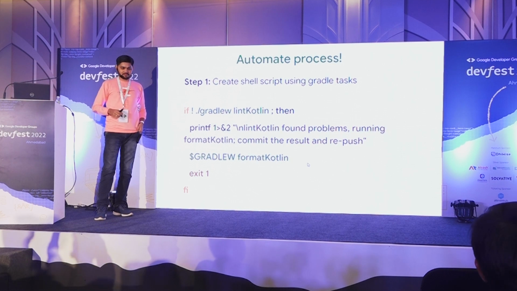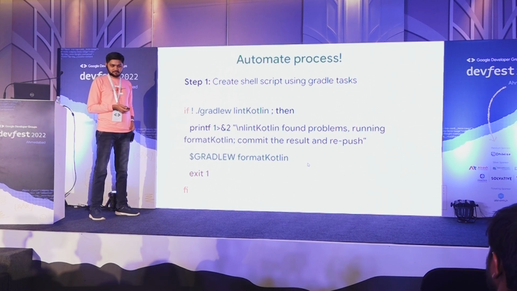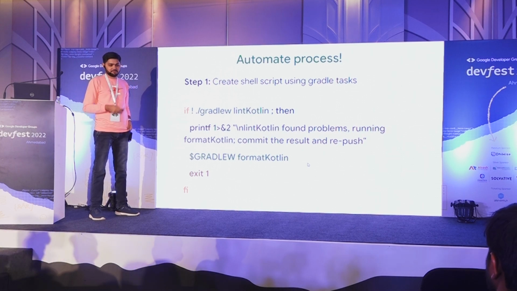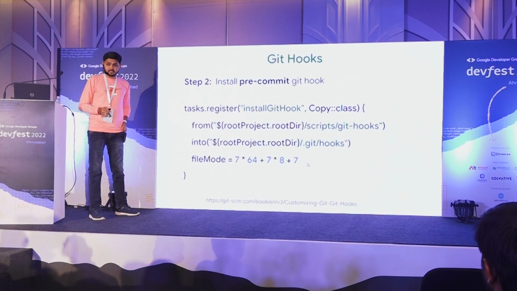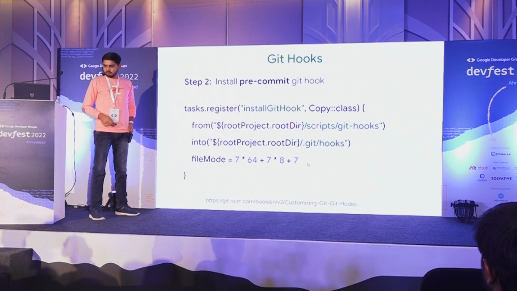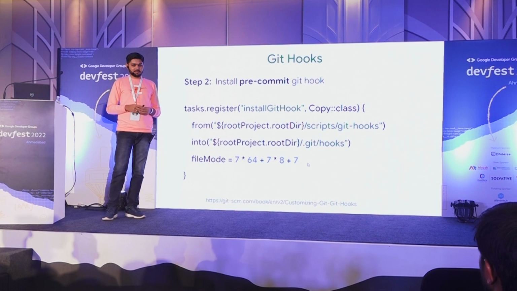Not a single one? Okay, great. I have written a shell script that says if the Gradle lint Kotlin task is failing, in that case it just prints the message, format your code, and exits the process. Which process? Basically we will use the git hook. How many of you know about the git hook? Great. So you might understand.